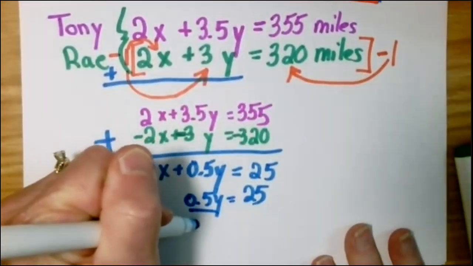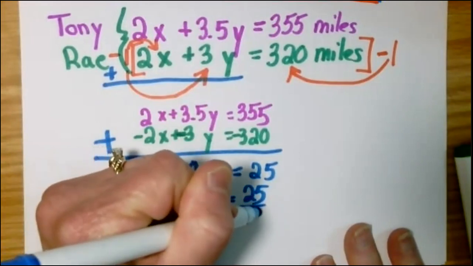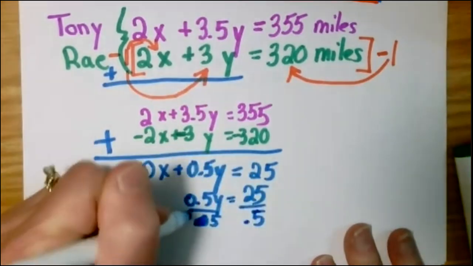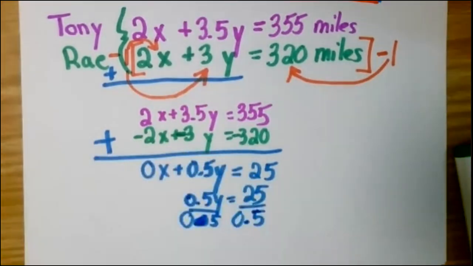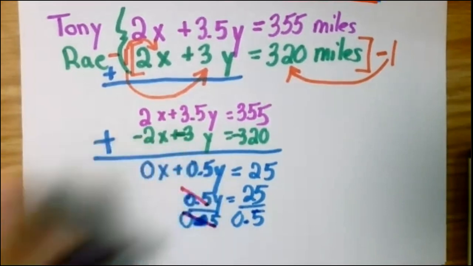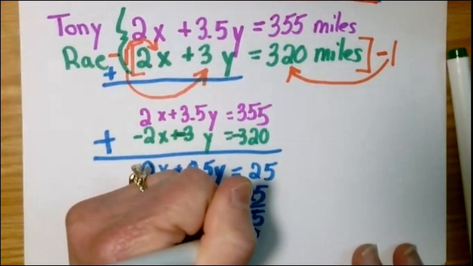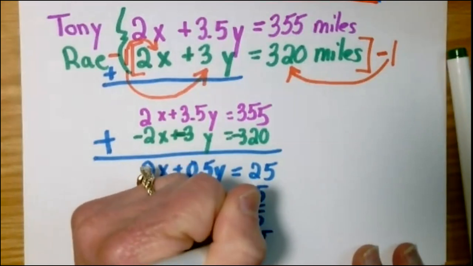And we got to divide by 0.5 to both sides. That's supposed to be a point. So these will cross off, and I'll be left with just y equals 25 divided by 0.5, which is 55, right?